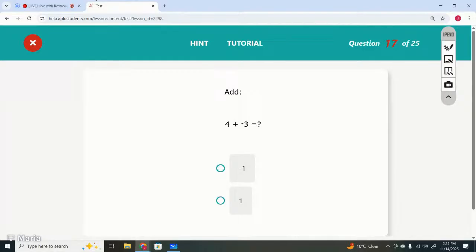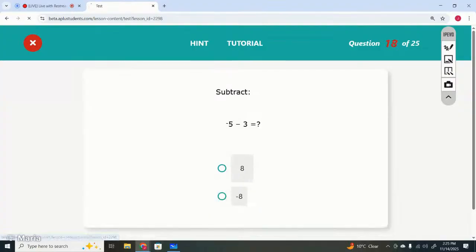Four plus negative 3 is one. Option number two is the correct option.